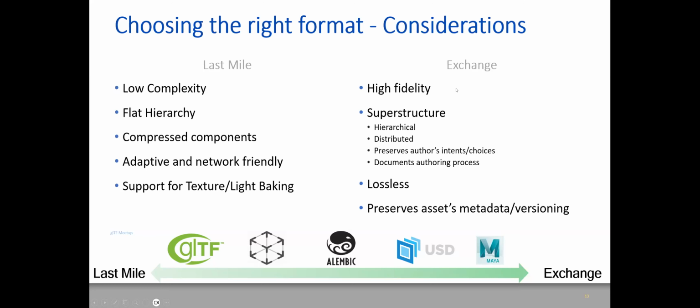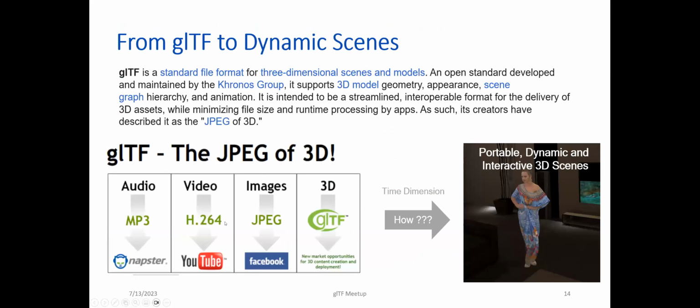At the same time, obviously, if you go here, there might be, in the exchange, things that you do when you generate formats, very high fidelity, and so on and so on. So based on this, we basically said we're not going to be targeting the right end. We want to have a format closer to the left-hand side, and glTF is a good example for this one.